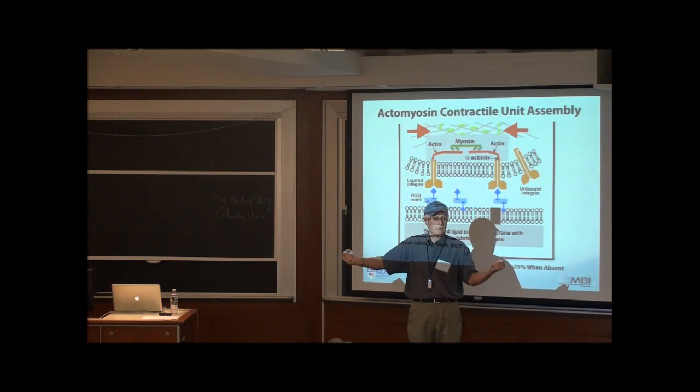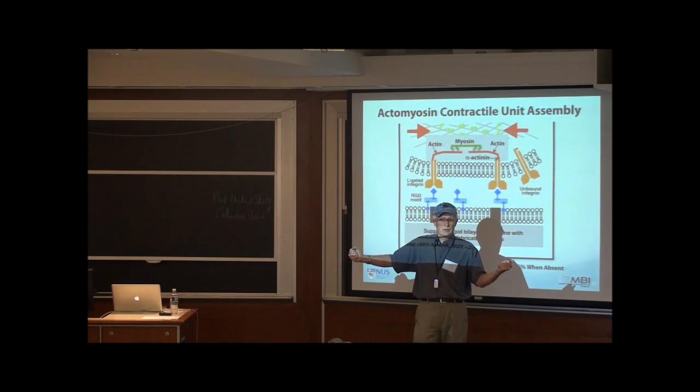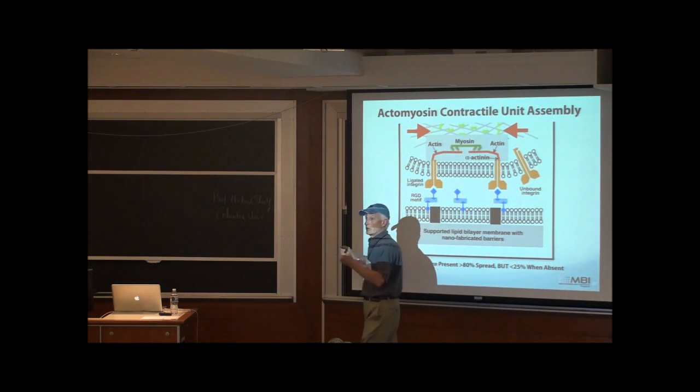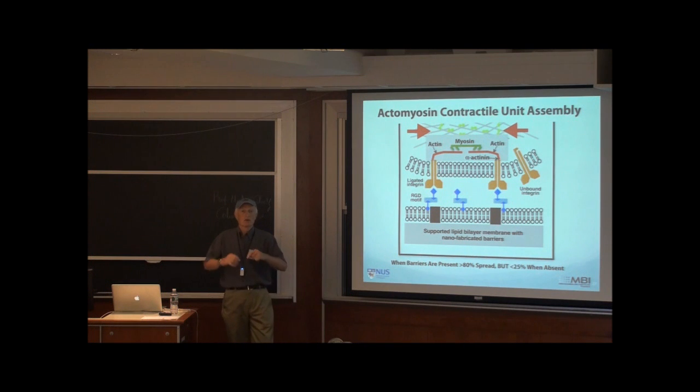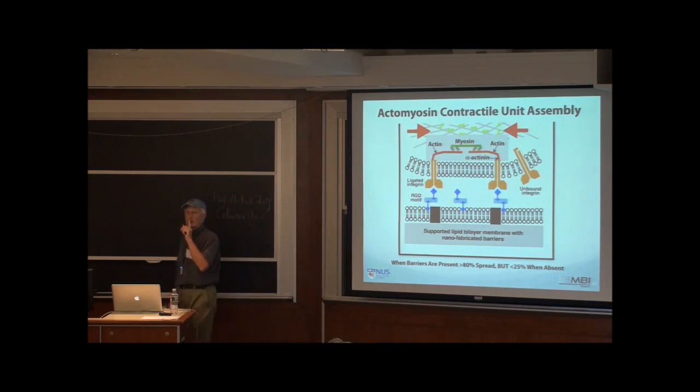I.e., can I generate force? And if it's a supported bilayer and you don't generate force, you don't spread. But if you do generate force, you do spread. Okay. Any questions about that?